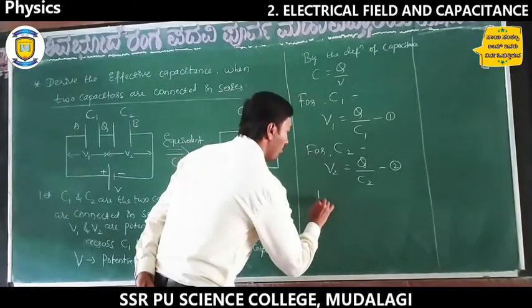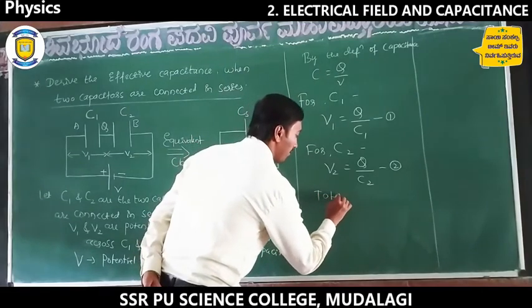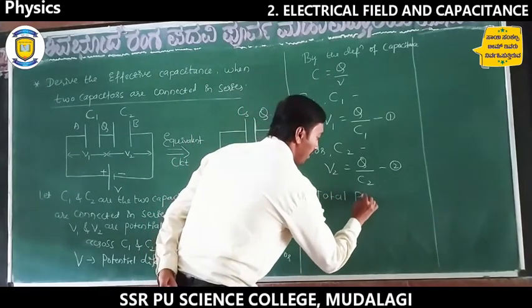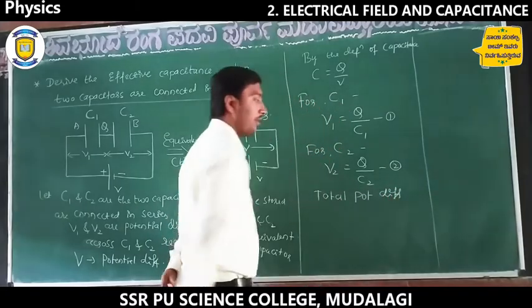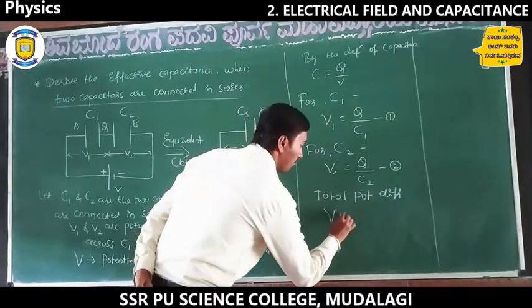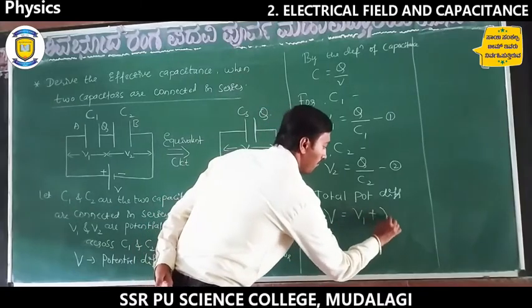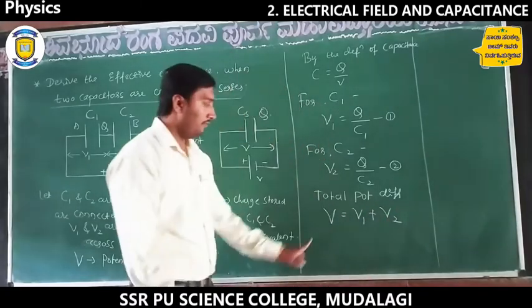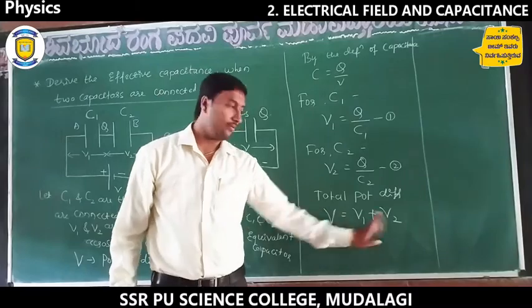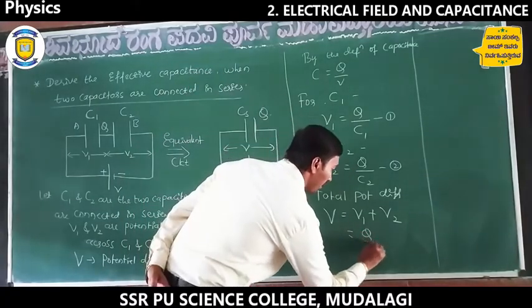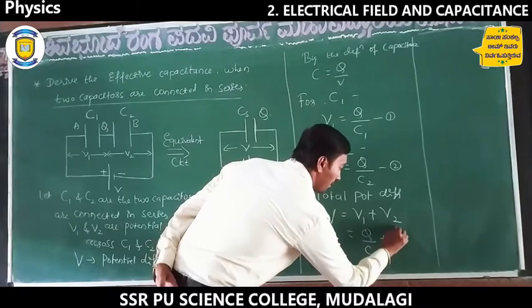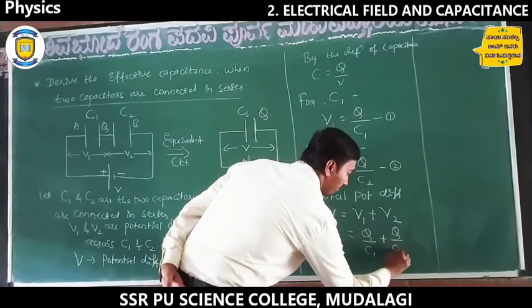So the total potential difference, that is V equal to V1 plus V2. So V equal to Q by C1 plus Q by C2.